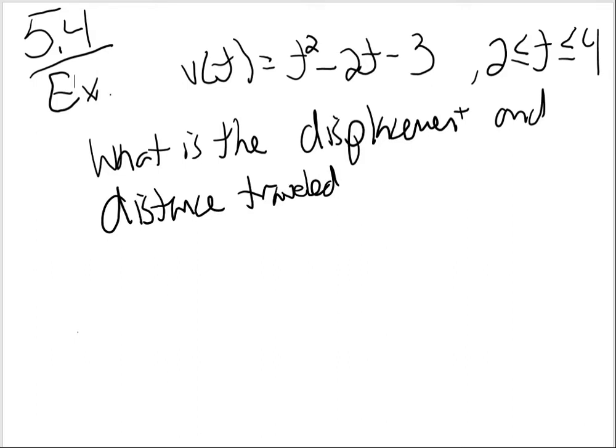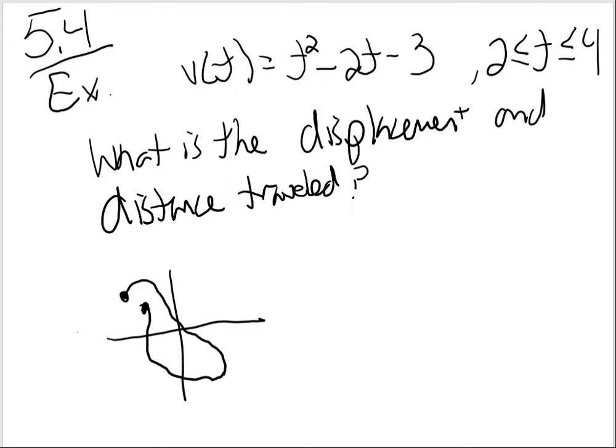So let me just explain the difference between the two, because these are two terms that sound very similar, but they're a little bit different. So let's assume I have something that starts right here, it travels over here, and then comes back until it gets really close to where it was before.